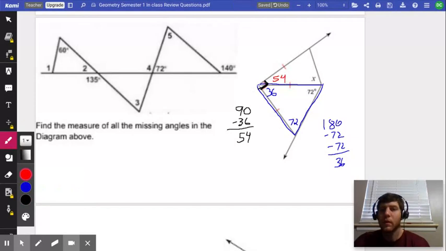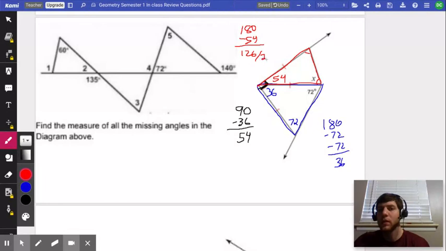Okay, and then we have another isosceles triangle. So we know the base angles here are congruent. Okay, so we know these two angles here are equal. So we can do 180 minus 54. That's going to give us 126. So we know these two angles are congruent and they add up to 126.